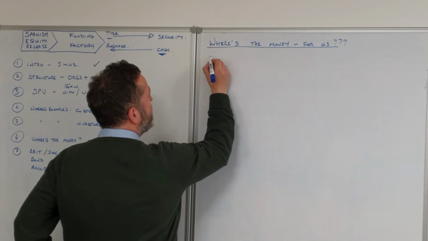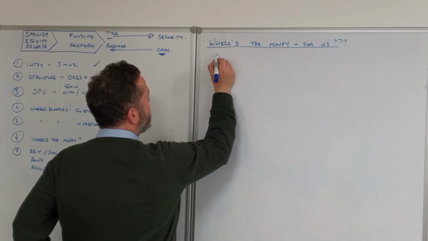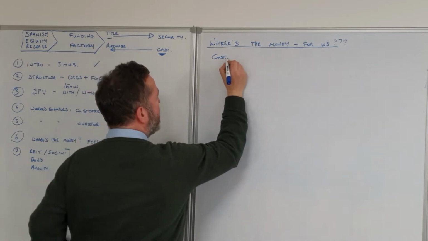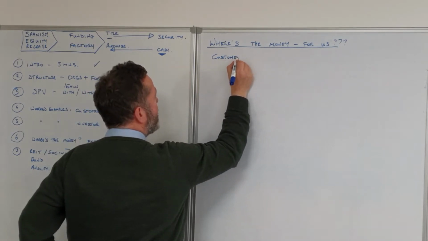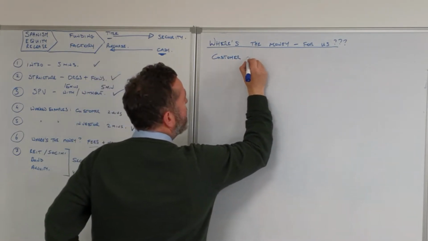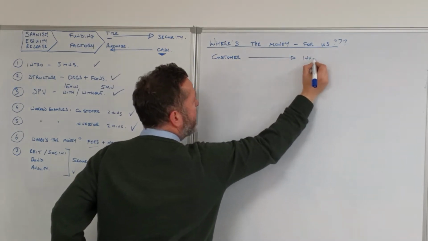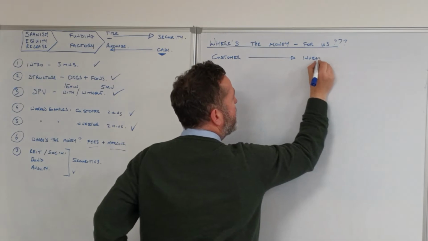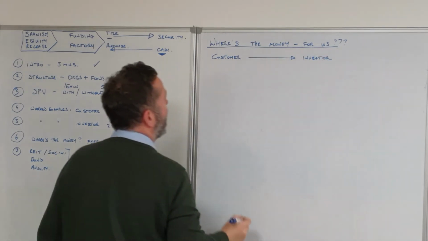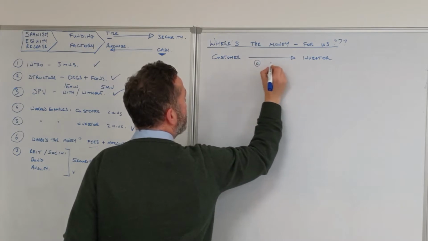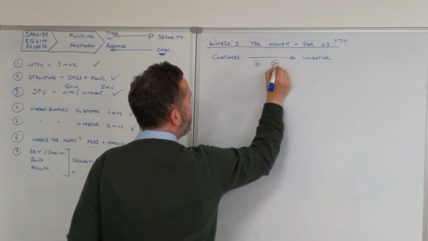So we're going to adopt the previous structure, which is our previous way of looking at things, customer to investor, left to right, and that goes via the originator, and it also goes via the SPV.